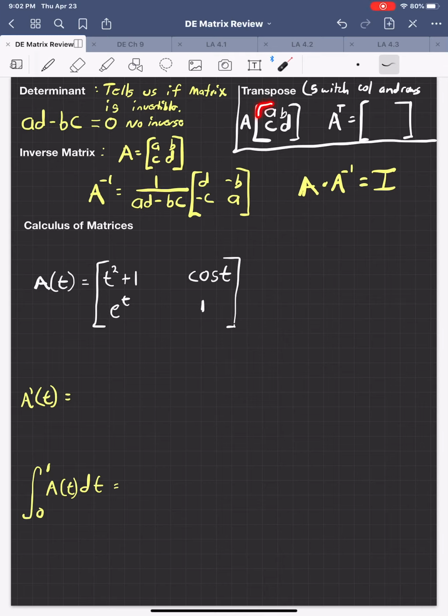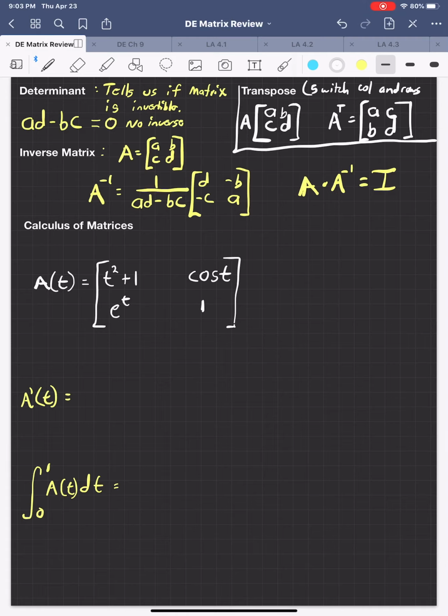All right, so here's the column of matrix A, A, C. That's the first column, so that will become the first row. Likewise, B, D is the second column, so that will end up becoming the second row. Okay.